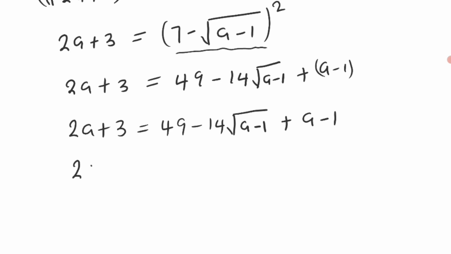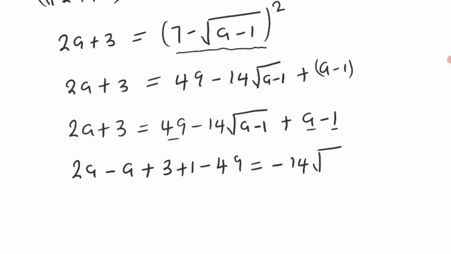Then this is 2a. If you bring this a to this side, it becomes minus a, plus this 3. If you bring this minus 1 to this side, it becomes plus 1. Then if you bring this plus 49 to this side, it becomes minus 49, equal to minus 14 root a minus 1.